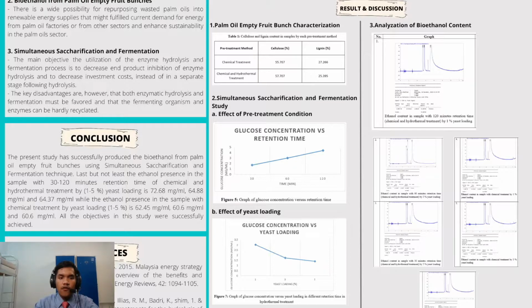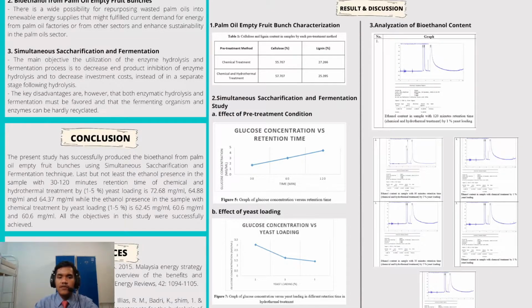For the effect of dry yeast loading, yeast can directly ferment simple sugars into ethanol, but other sorts of feedstock must be transformed to fermentable sugars before they can be fermented to ethanol. It is suggested that the limited amount of sugar recovered from sugarcane-based gas could be the explanation for the high level of ethanol concentration.